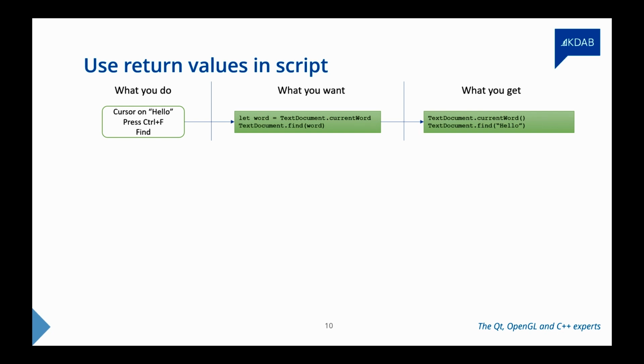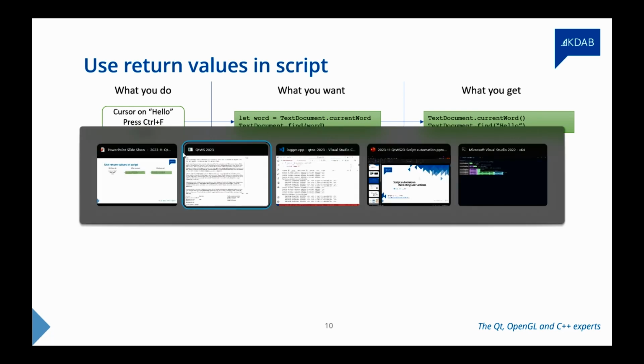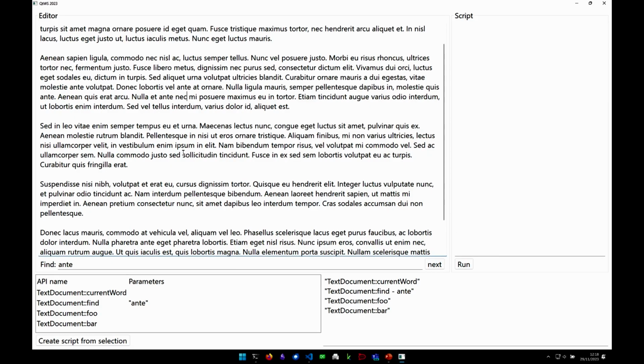OK, so we are almost there. Now we have something that works. We can choose when we are logging things. But one of my problems is I'm using some values coming from other APIs as parameters for the next API call. So when I'm searching for some text here, if I'm searching for this text, I'm pressing next.